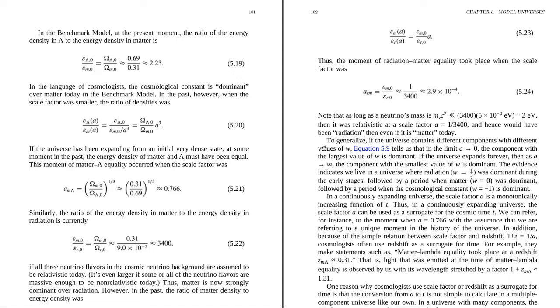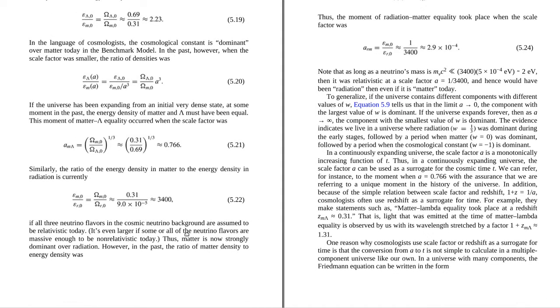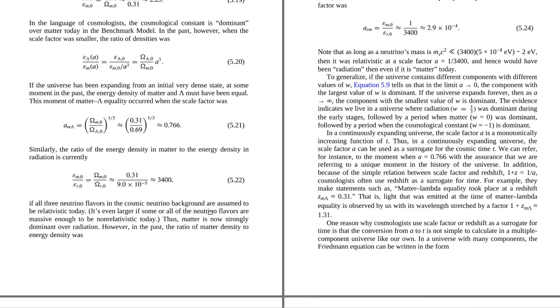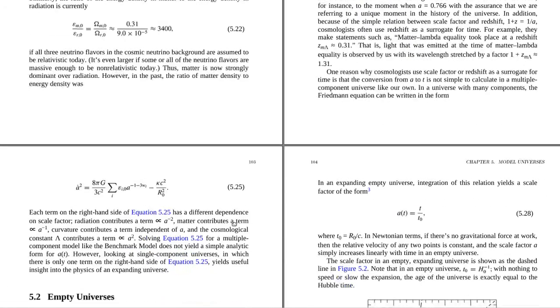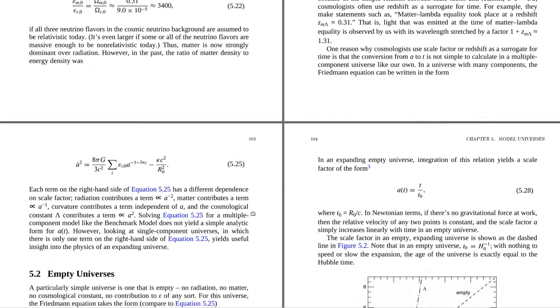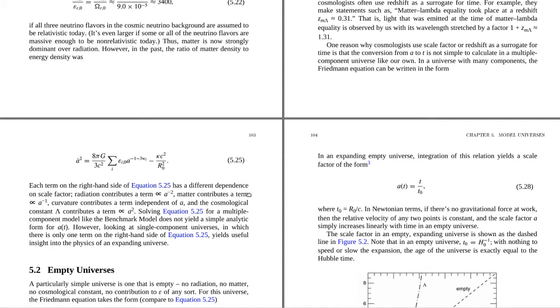And before 2.9 times 10 to the minus 4, it's radiation dominated. So it makes sense to look at these. And as we are going to see, you can actually say something about the two-component universes as well, though the full solution of this equation is going to be beyond our reach. You can't do this analytically, but we are going to see how you can actually solve it numerically. Okay, so that's all for this section.